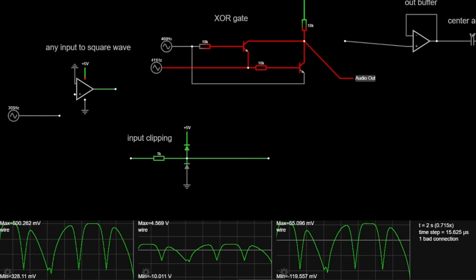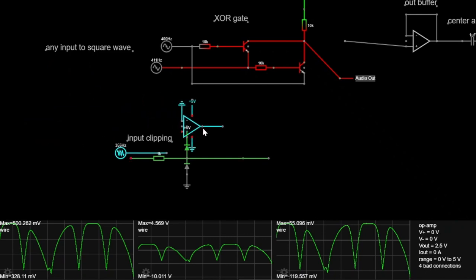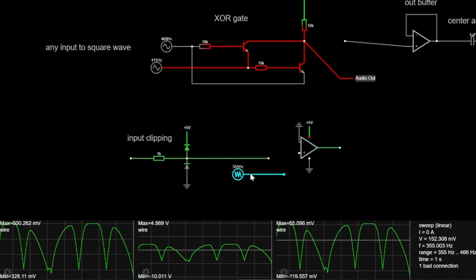Then you can use this one first to cut it down so it becomes only between 0 and 5 instead of from 12 to minus 12, and this one turns any wave into a square wave of 5 volts positive, 0 negative. So if you would combine these two, you could take any wave. So I will keep that as an alternative.